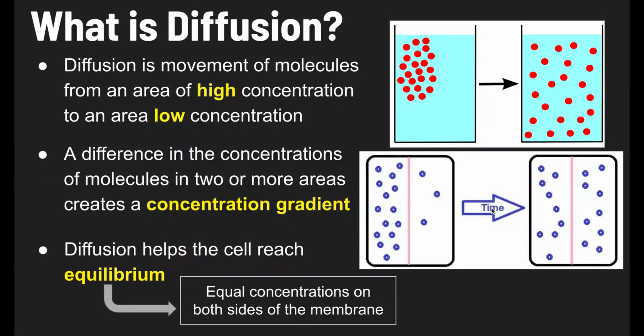And so over time, if those molecules can pass through the cell membrane, then they will, and you will reach equilibrium. So if you look on the right now, there's approximately an equal number of molecules on both sides of the membrane. So this would represent equilibrium.